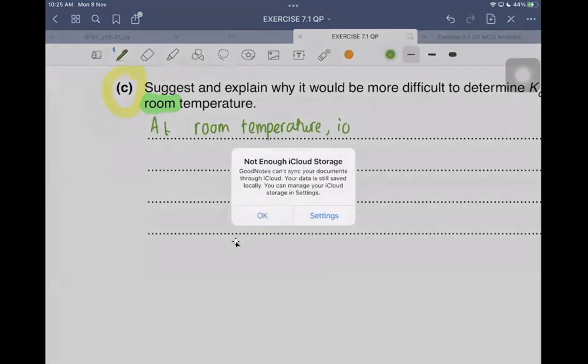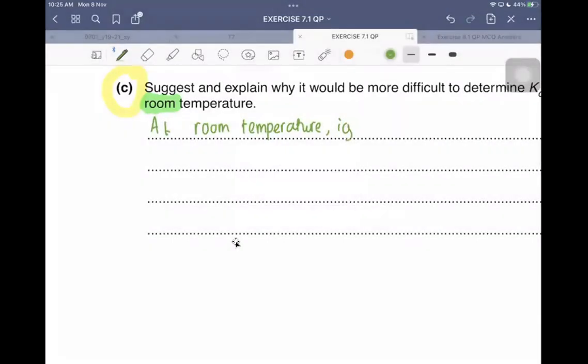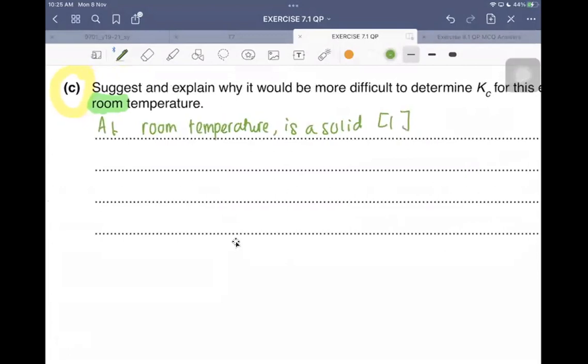iodine is a solid. 1 mark. How many marks? 2 marks.